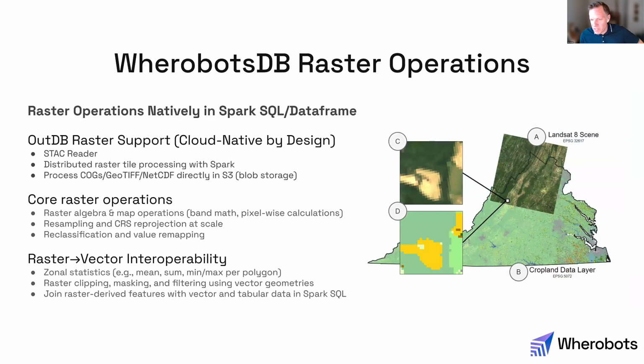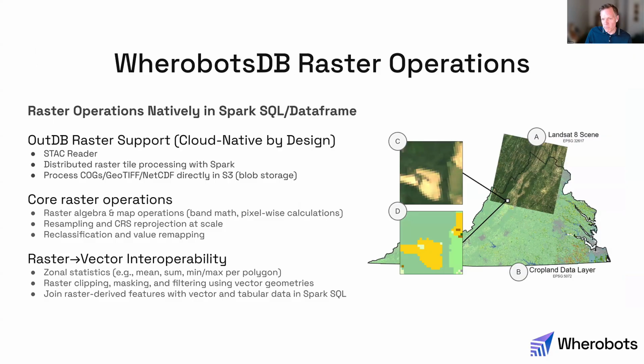So we're going to jump into a demo, but just as a prelude, we're going to talk about the specific raster capabilities we have within WherobotsDB that make some of this processing possible and efficient at global scale. Within WherobotsDB, you can work with raster operations natively in Spark SQL, and use data frames to process this type of data.